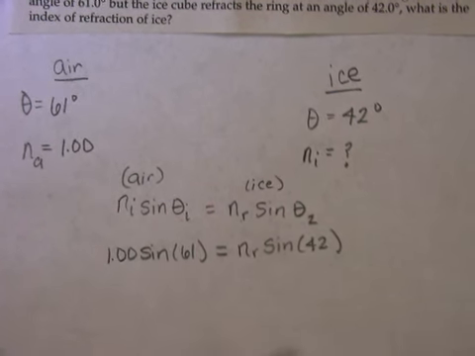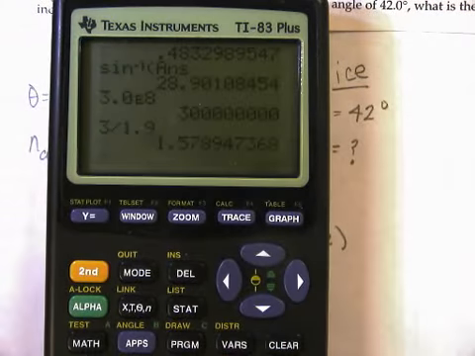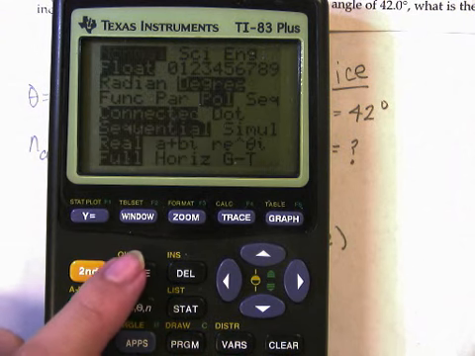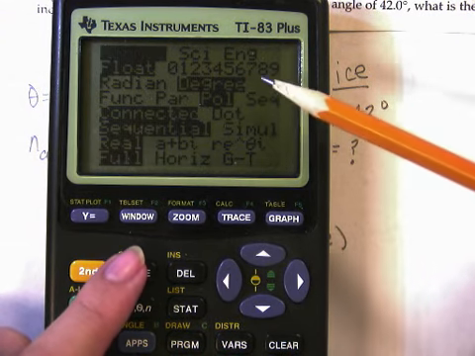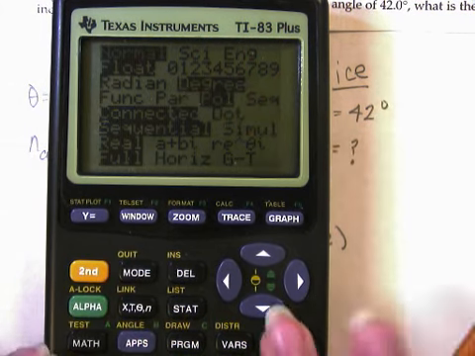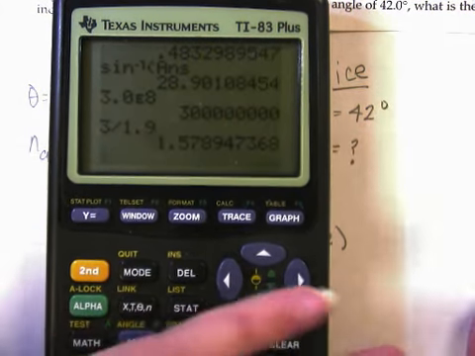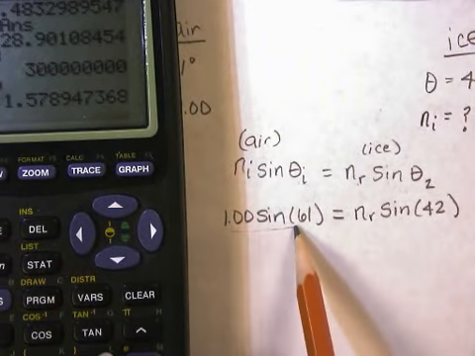I'm going to simplify this to make it easier to work with, and the first thing that I'm going to do is take my calculator and press mode. By doing this, it gives me several options, and what I want to make sure is that degree is highlighted. If you have it in radians, you will get incorrect answers. So the first thing I'm going to do is simplify this side right here.